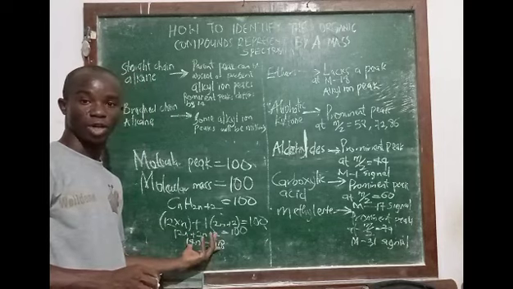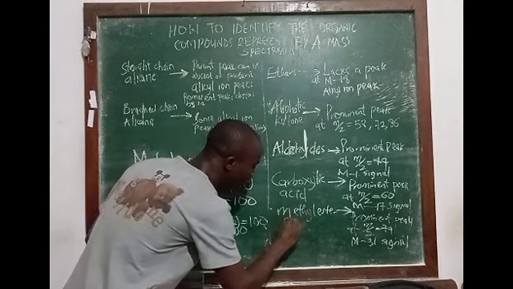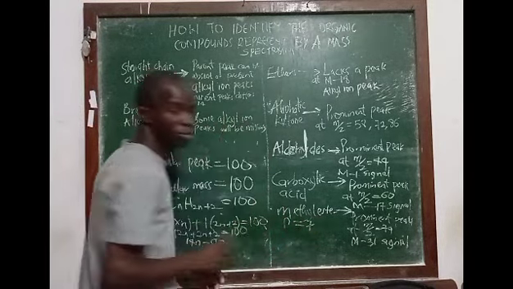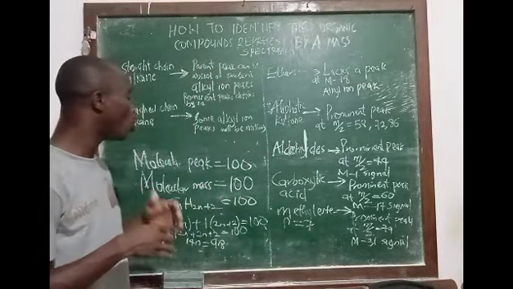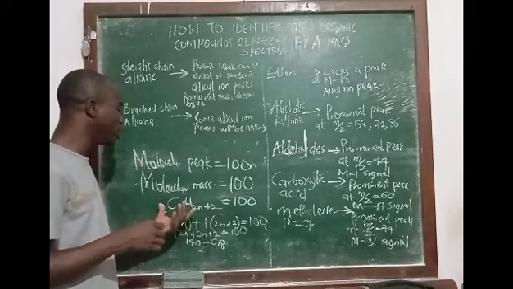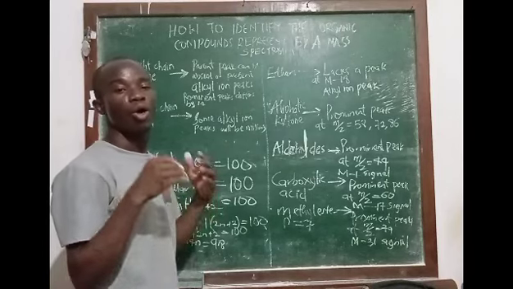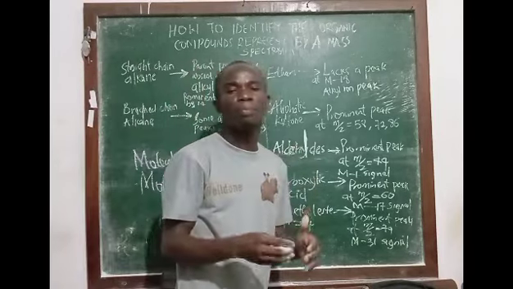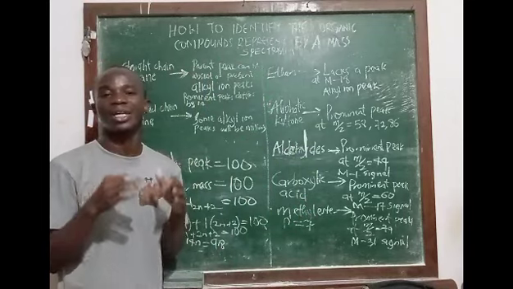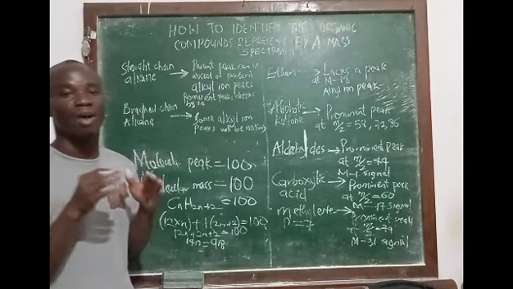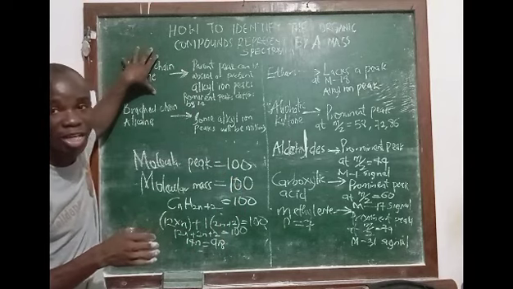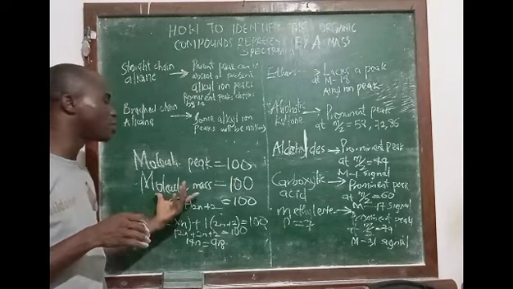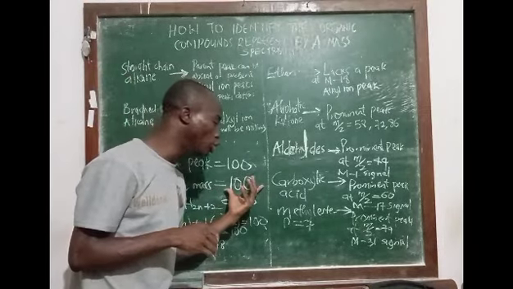If this is further solved, we will get that n will be equal to 7. And with this value I've gotten now, I can determine the molecular formula of the compound represented by the mass spectrum, which I have identified to be a straight chain alkane, and that it has a molecular mass of 100.